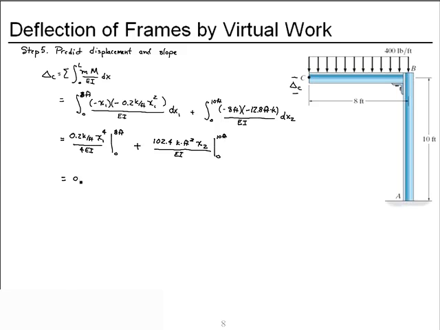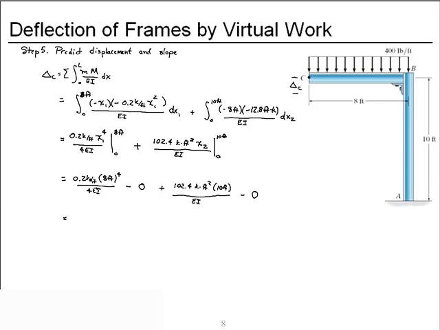This becomes 0.2 kips per foot, 8 feet to the fourth over 4 EI minus 0, and we add the 102.4 kip feet squared times 10 feet over EI minus 0, since the 0 goes in for x2.